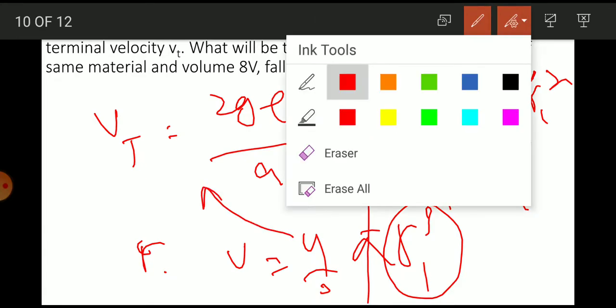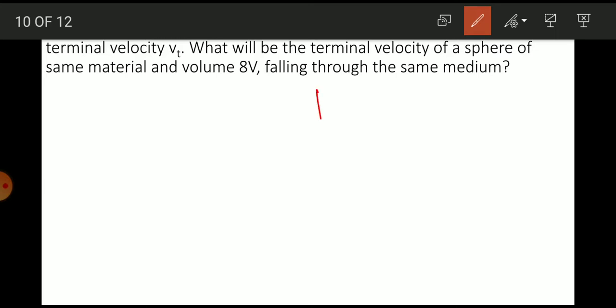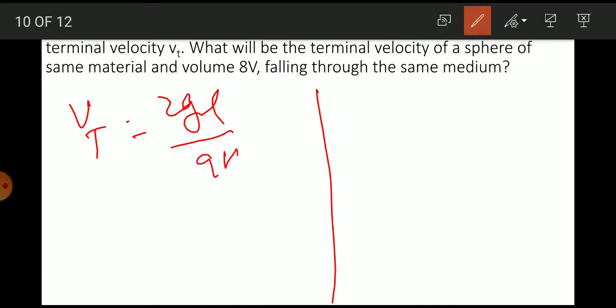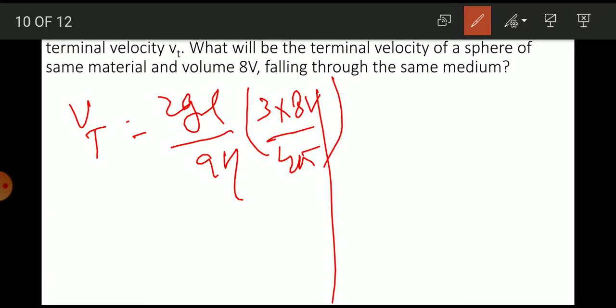When you simplify, you will get an equation in the shape like this. V terminal prime is equal to 2g rho divided by 9 eta, 3 cross 8V divided by 4 pi, whole power 2 by 3. You will get this value.